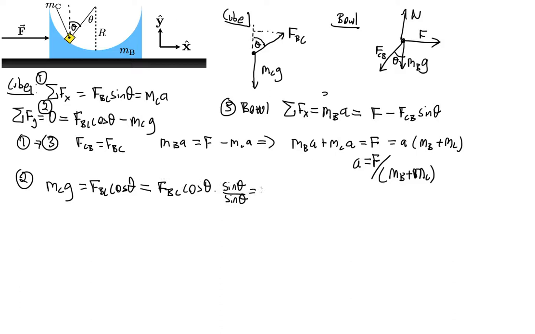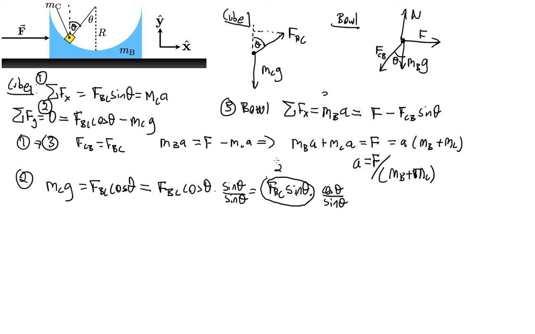And just rewrite that, commute some terms in multiplication, FBC sine theta. And then this, of course, turns into cos theta over sine theta, and that's 1 over the tangent. And it looks like what we should solve for, and then FBC sine theta.